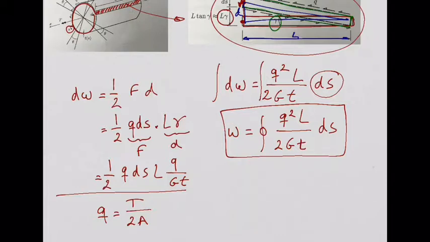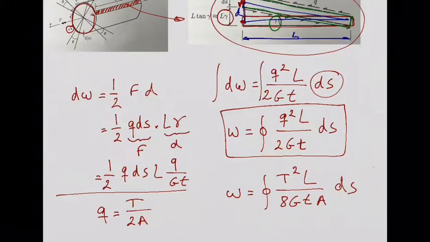I can replace in this equation. You agree with this? So I'm just replacing this expression for the shear flow. In that equation, I have shear flow squared, right? I replace there, and then I get dA should be squared, right?